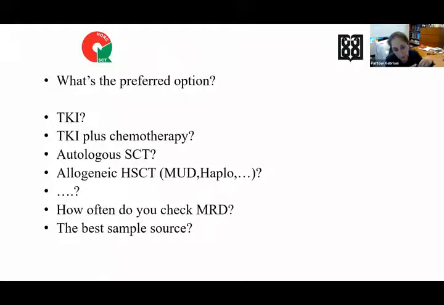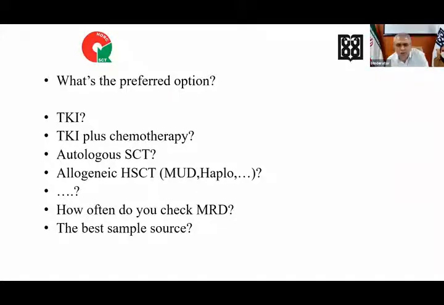When we talk about haplo versus MUD, given how much easier it is to procure the haplo, I think haplo is a very reasonable option, especially if you need to go quickly or there are difficulties in procuring the MUD. I have to tell you though, at MD Anderson, our preference is still MUD over haplo if we can get the MUD very easily or quickly.